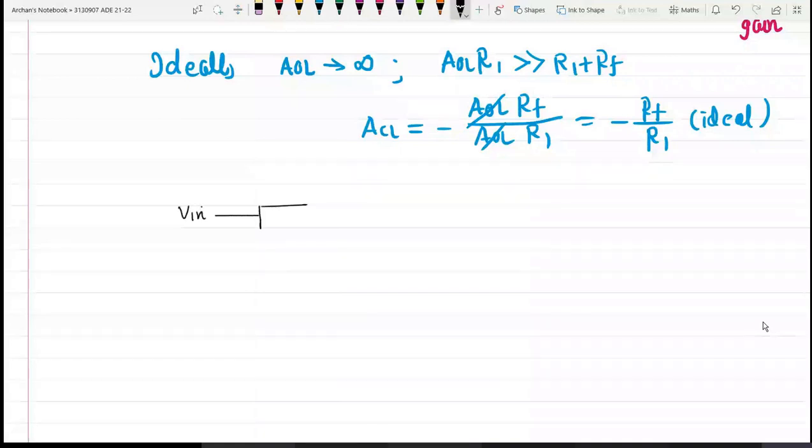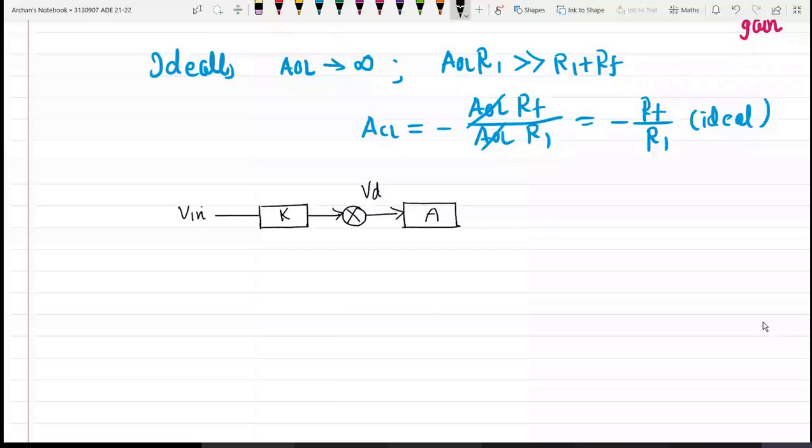Let us say we have some block K, and then there will be a voltage summing junction. This will generate the differential voltage Vd, which gets amplified, and we get the output voltage V0.